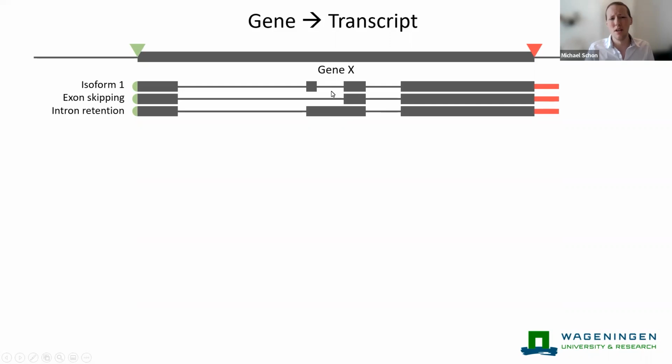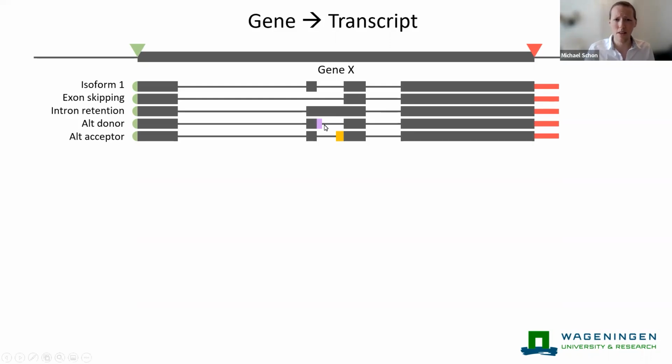Additionally, you can have introns that sometimes are retained within the mature sequence. On top of that, the donor and acceptor sites are not always fixed in one position, and they can actually vary and cause some microsite variation inside these RNA molecules.